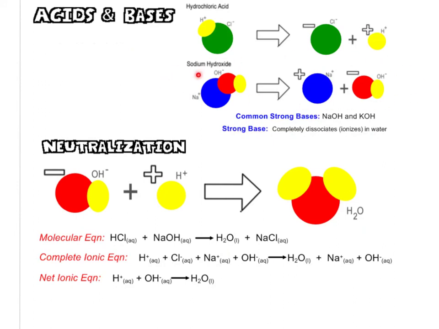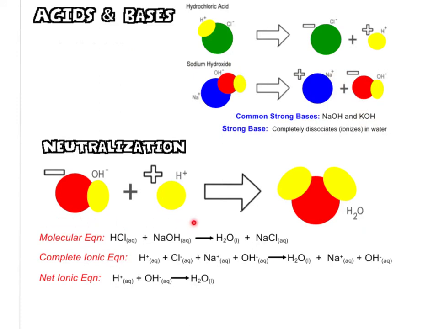We have sodium hydroxide, and it dissociates into 2 ions, the sodium and the hydroxide ions. For the most part, sodium hydroxide almost completely dissociates or ionizes in the water. It is a strong base. Another example of a strong base is potassium hydroxide.